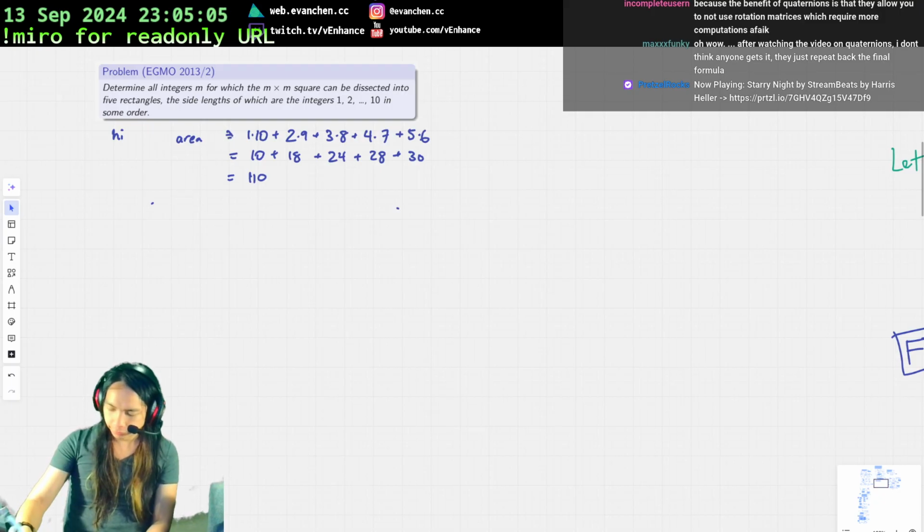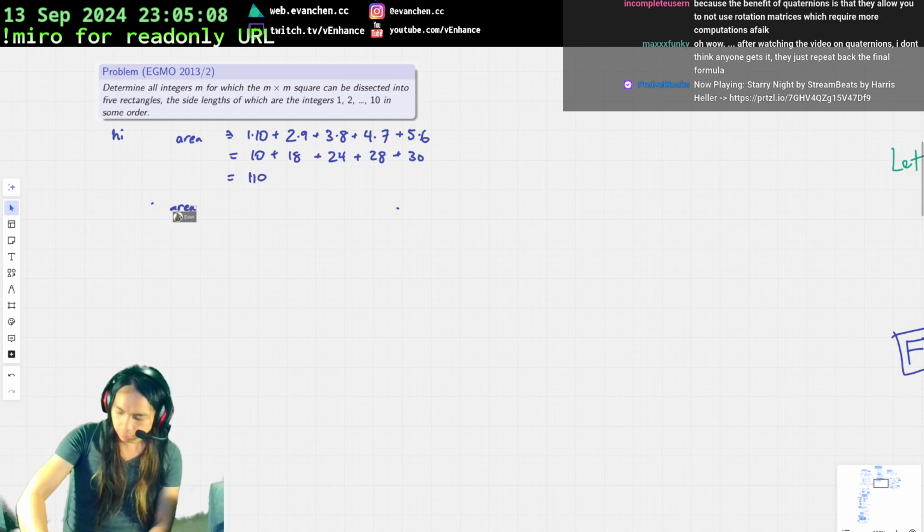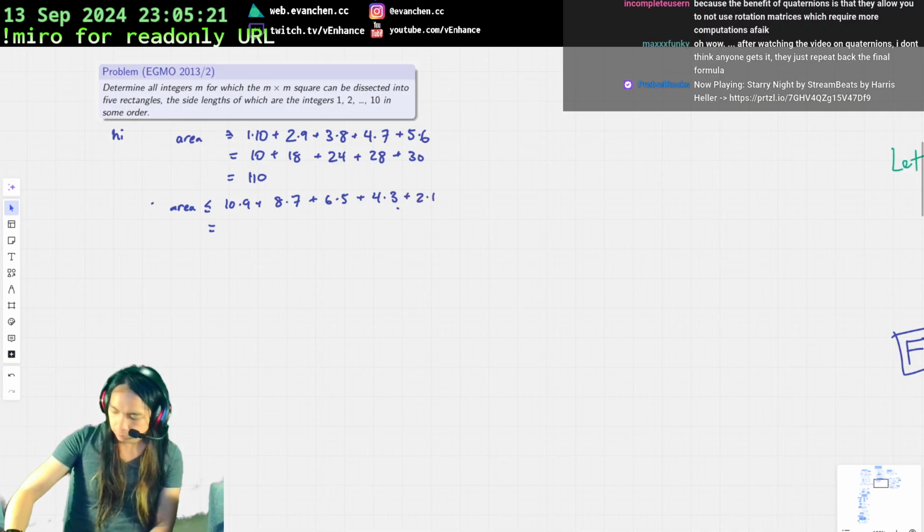And the max area is whatever you get when you do this one. 190?